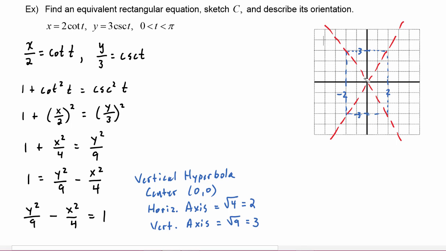Both of them have their y-intercept at the point 0, 0, so that really makes a simple equation to come up with. This first asymptote we know will be y is equal to, starting from the center, we go up by 3 and to the right by 2, so the slope is 3/2, and then we multiply that times x. For this asymptote, we start at the origin and go down by 3 to the right by 2, so that's going to be y is equal to -3/2 x.